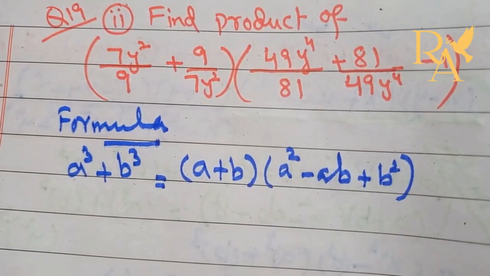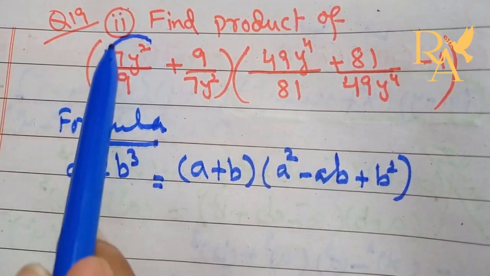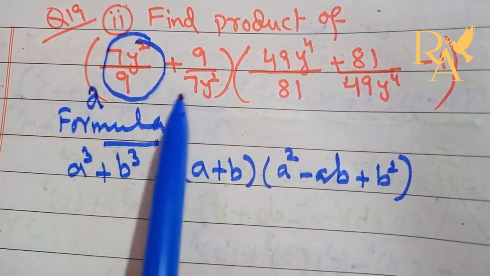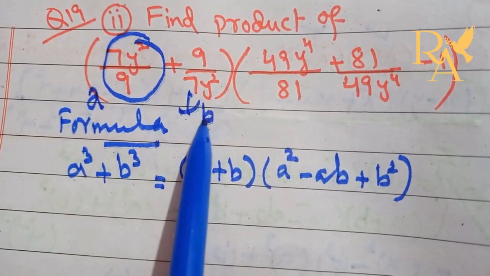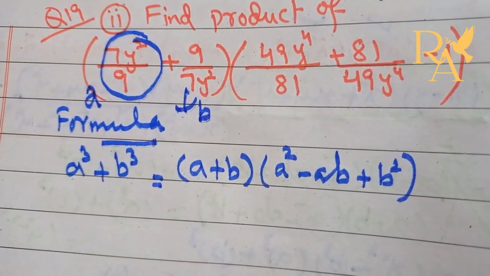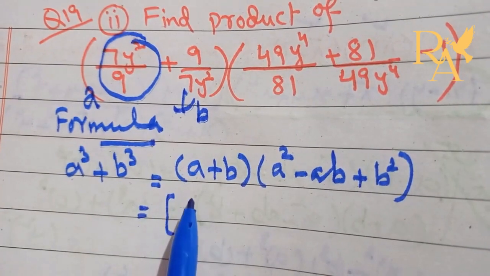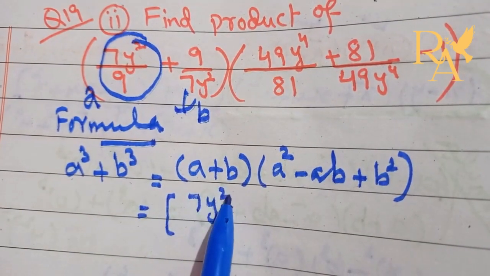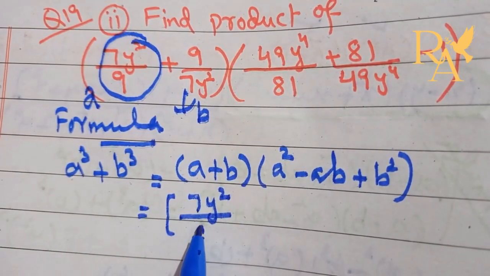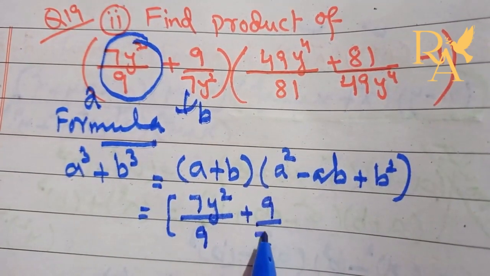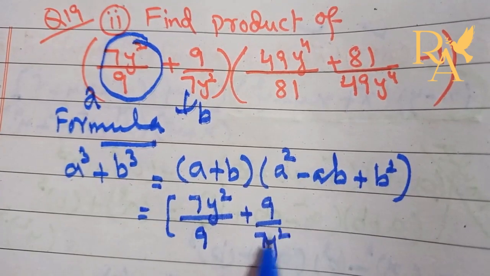Suppose this is the value of A and this is the value of B. So put the value of A and B in the given equation: 7y²/9 + 9/7y².